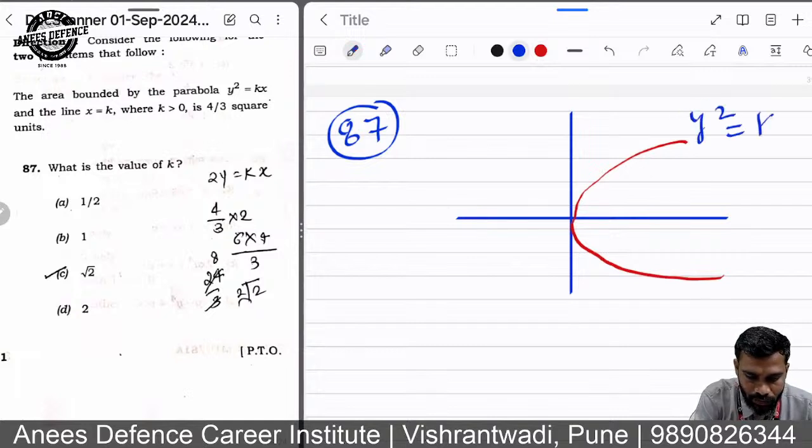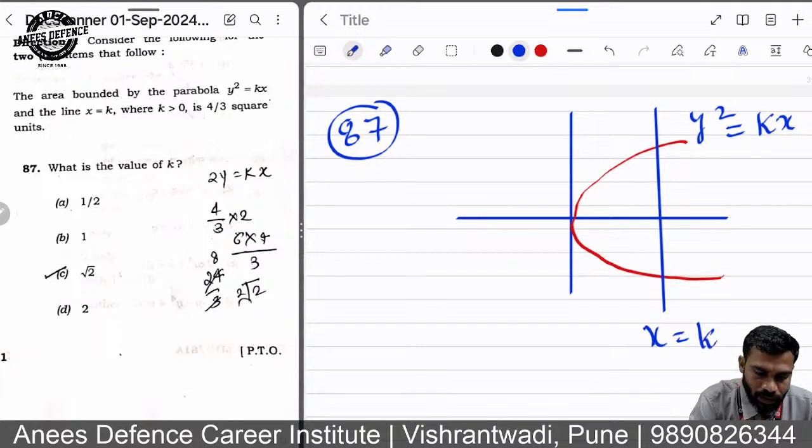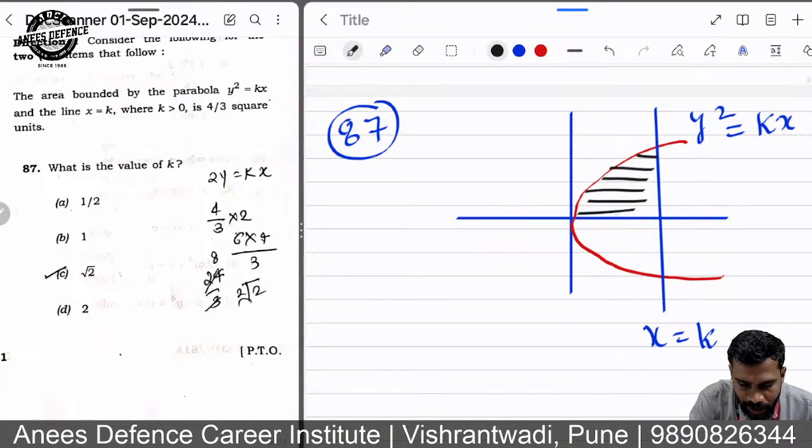Now, we have got x is equal to k. Suppose, again, k is positive, so the line will be here. x is equal to k, right? Now, they are asking, we have to find out the value of k where the area is already given. This will be the area, and this is 4 by 3, right?